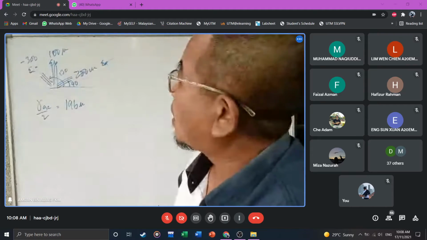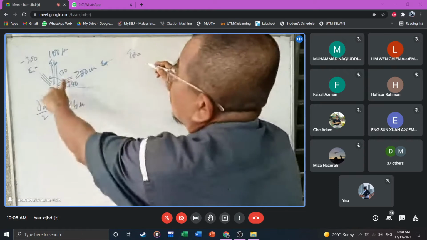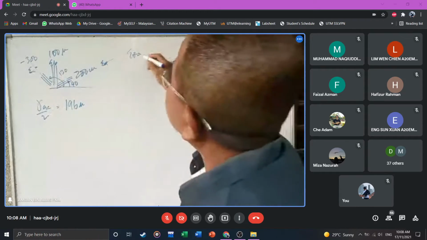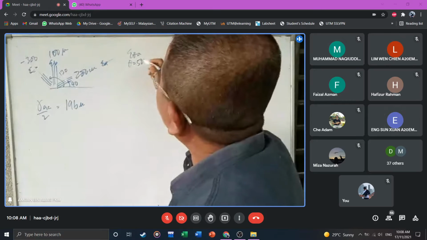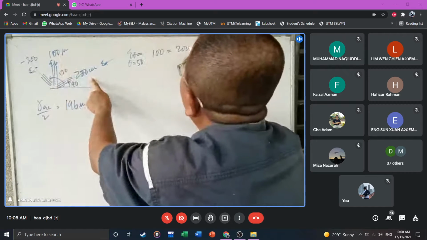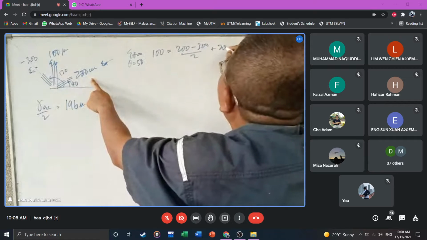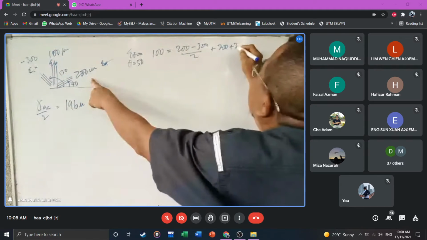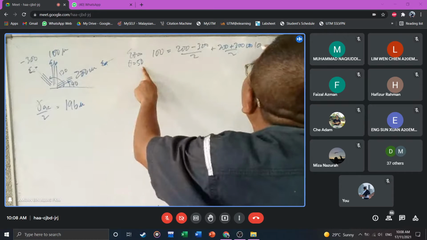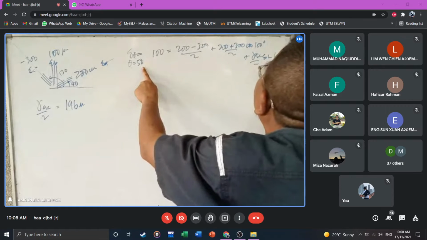Epsilon theta, with theta equal to 50 degrees, is 100 = (200 − 300)/2 + (200 + 300)/2 cos 100 + gamma AC over 2 sin 100.